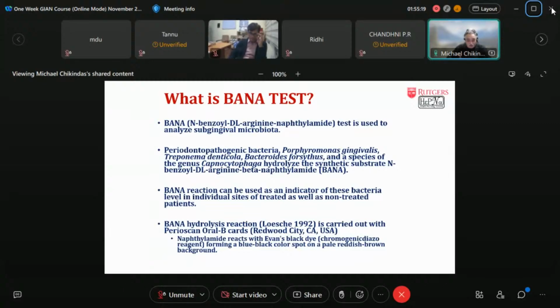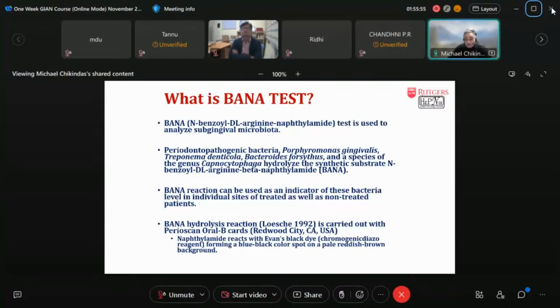And again, we're dealing with periodontopathogenic bacteria, Porphyromonas, Treponema, Bacteroides, which produce enzymes that can hydrolyze the substrate, benzoyl arginine naphthylamide. The BANA reaction can be used as an indicator of the presence of these bacteria, and it's a qualitative method, not quite quantitative.